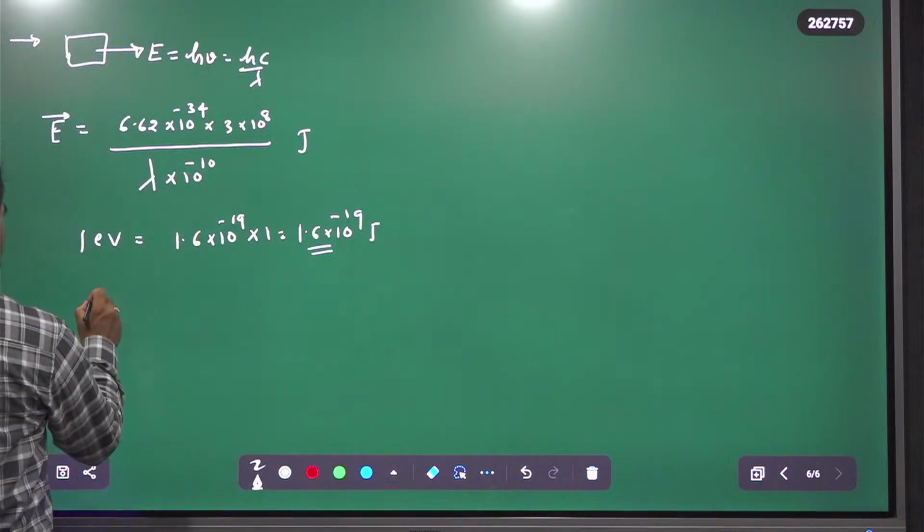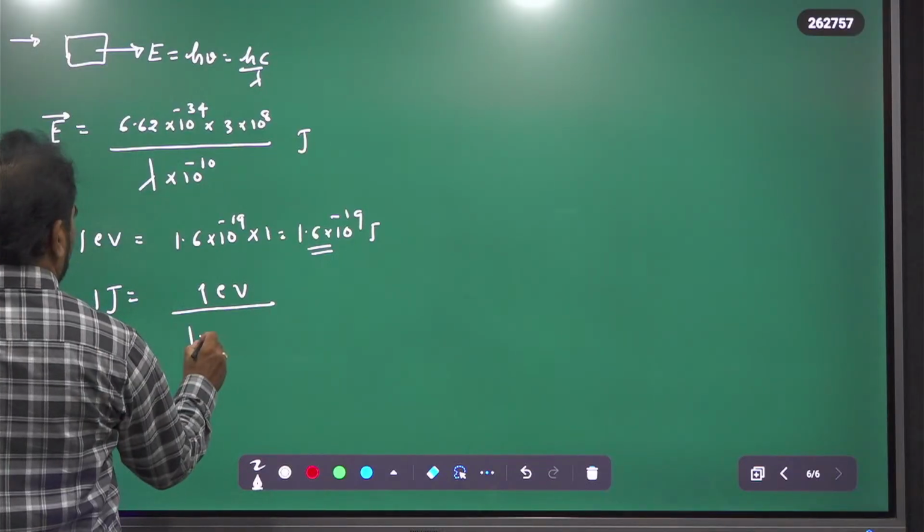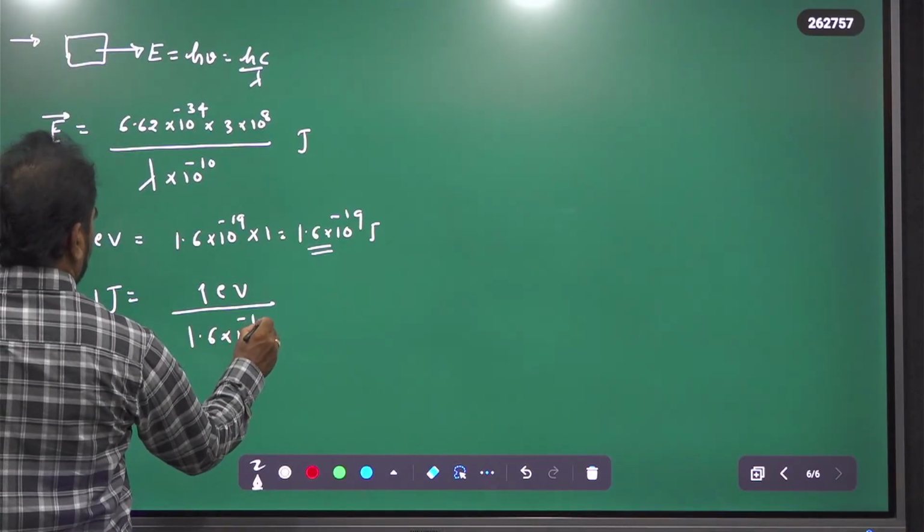1 joule is equal to 1 electron volt upon 1.6 into 10 to the power of minus 19.